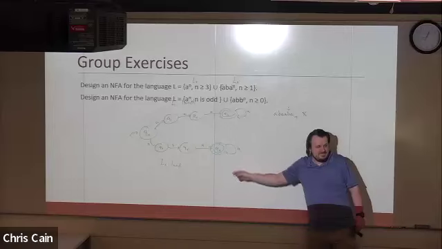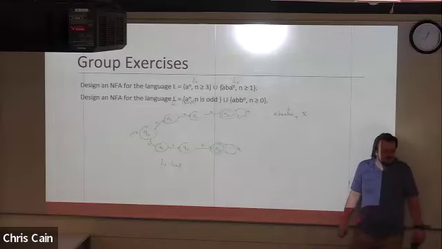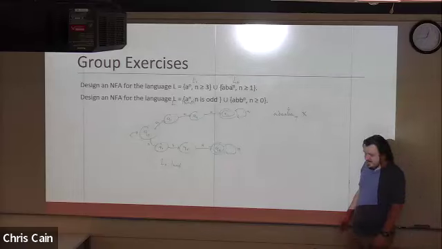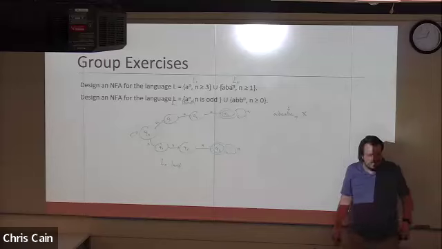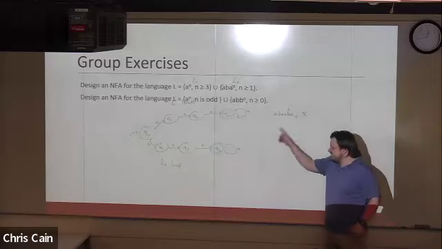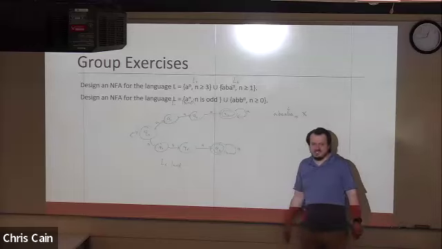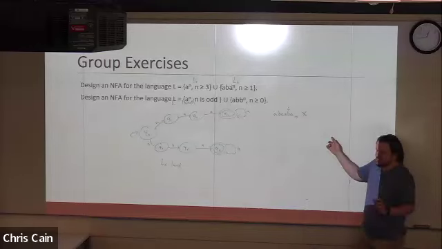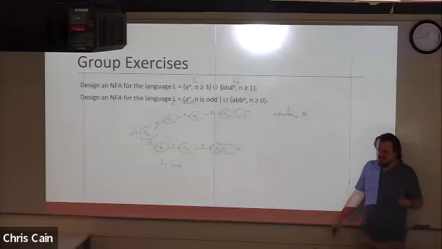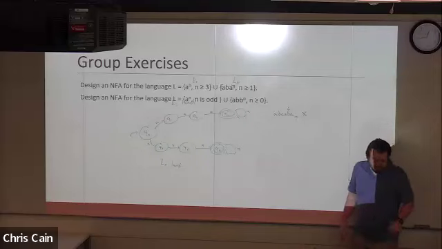So it works if both of them are at the end of the string, right? Yeah, we're looking for one or more paths to acceptance. And it's okay if we get one path to acceptance and 10 paths to rejection, we still accept. But we need that one path to acceptance.